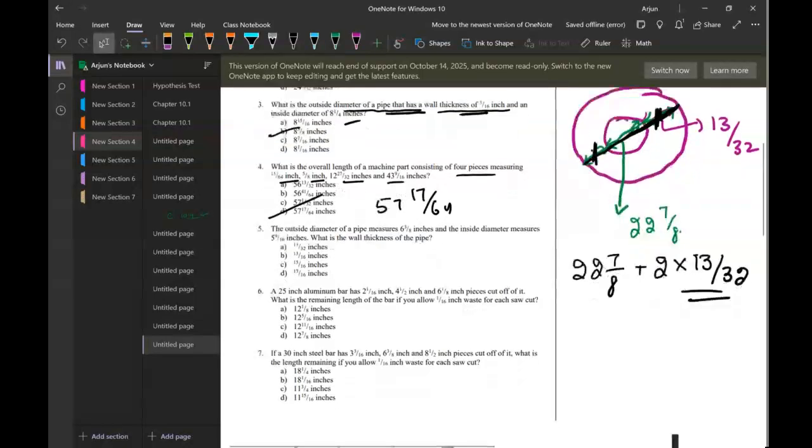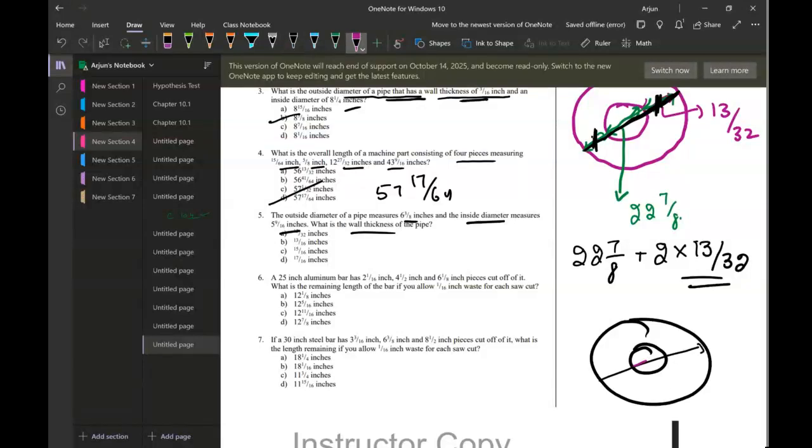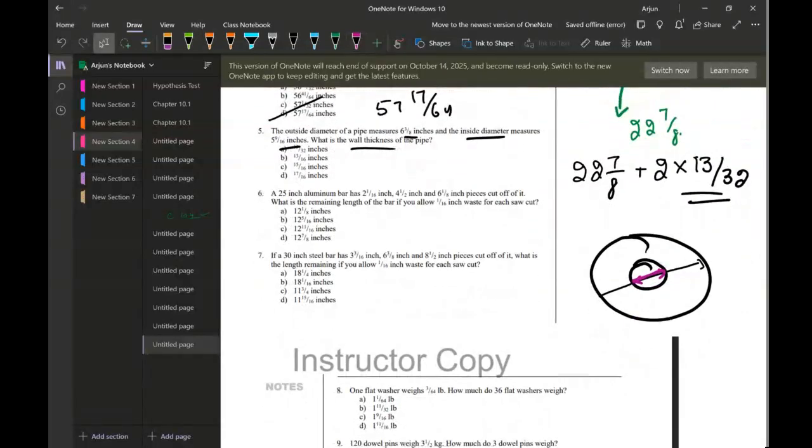All right, let's look into the next one. The outside diameter of the pipe is this much, and the inside diameter measured this much. What is the wall thickness? So if you're given an outside dia and the inside dia, and you are looking for the wall thickness, you subtract those two and divide the value by 2, because wall thickness is counted twice when you are measuring the outside dia.